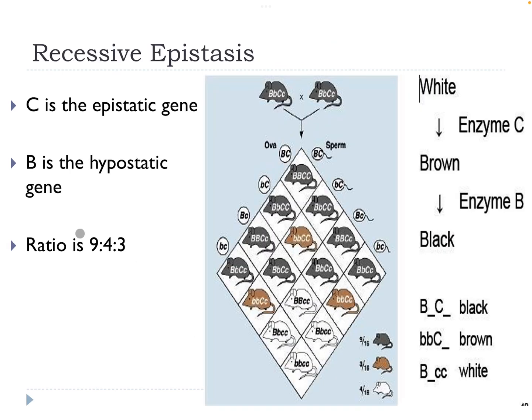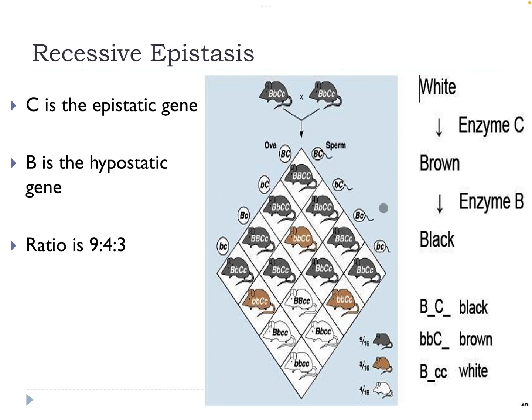For the recessive epistasis, when C is the epistatic gene and B is the hypostatic gene, you will produce a 9:4:3 ratio when heterozygous parents are crossed with each other.